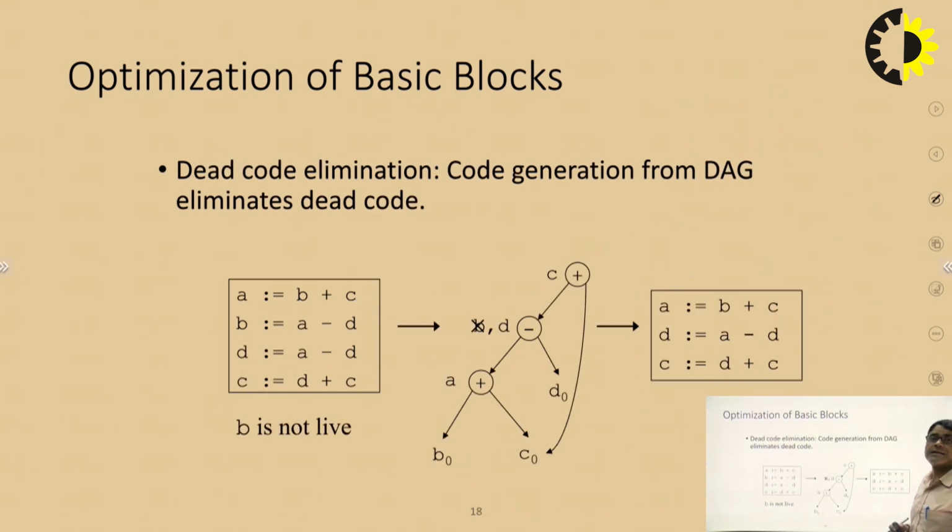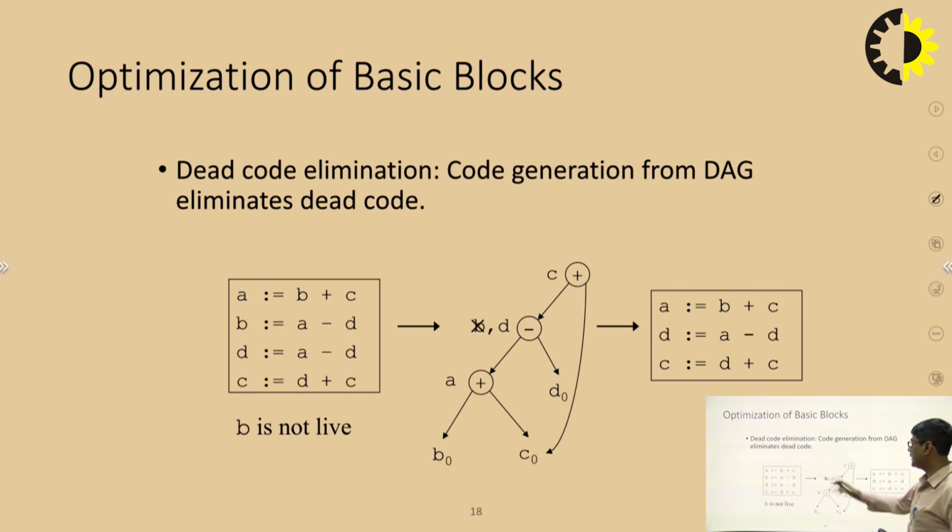Now the second one is dead code elimination. When you design the DAG, you will find that some of the statements are left out, meaning that statement is not placed in the designed directed acyclic graph. Code that is not placed in the DAG is called dead code.